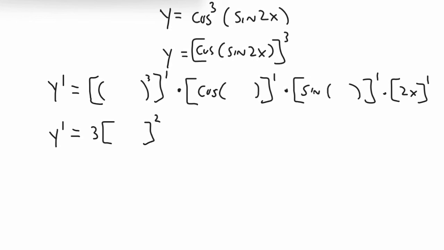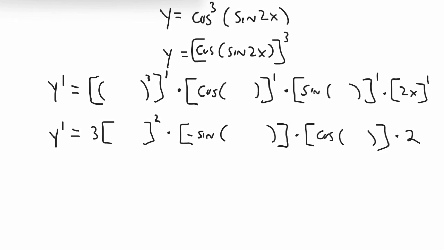So 3 times the inner part to the second power times the derivative of cosine is negative sine, derivative of sine is cosine, finally the derivative of 2x is 2.